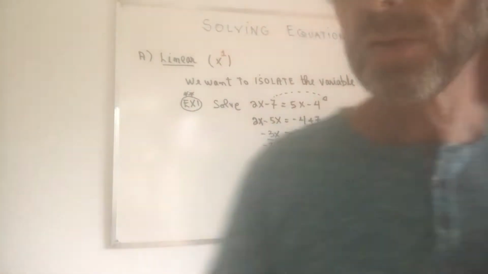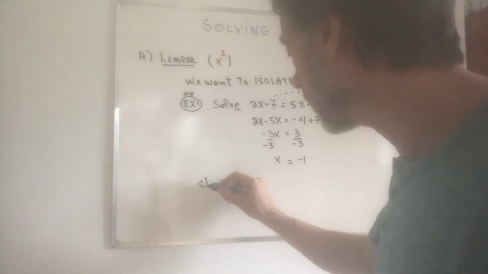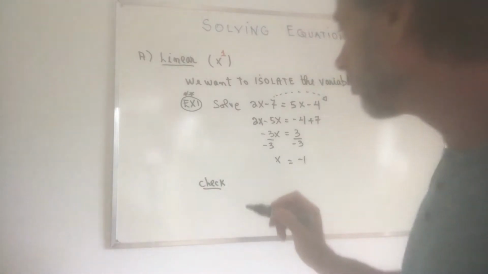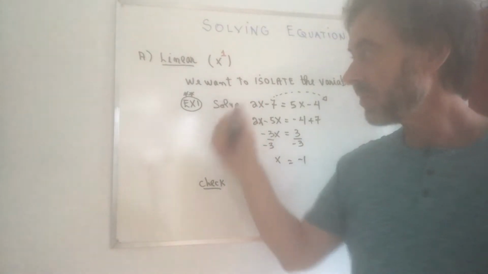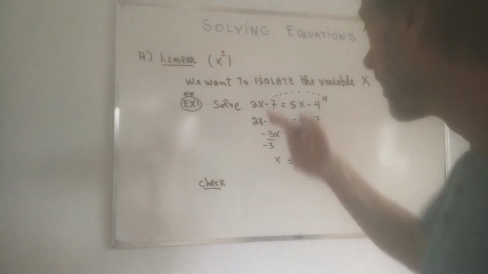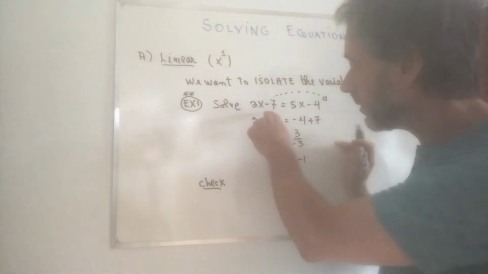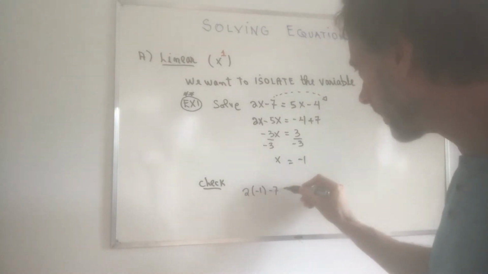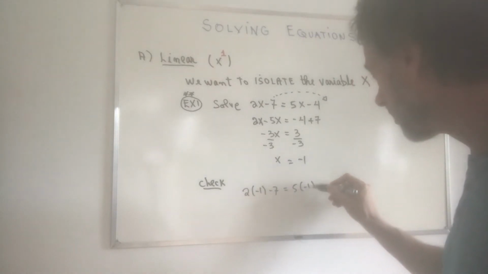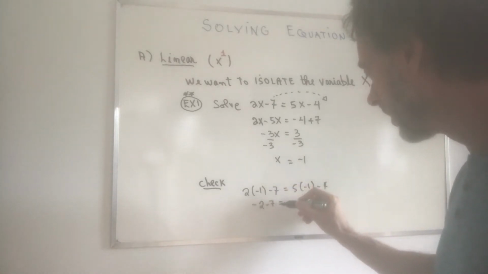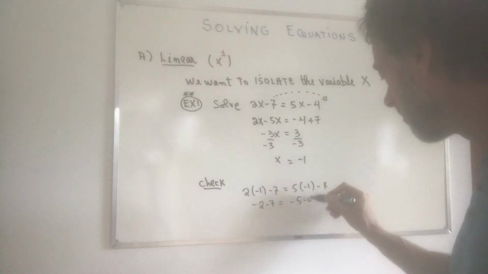It's very easy to check this answer. You're not going to be required to do that, but I'm going to do it here. In the case of a linear equation, we don't necessarily need to check things, but just for the sake of argument, if I replace x by minus 1 in my original equation, here is what I'm going to get: minus 2 minus 7 is equal to minus 5 minus 4.